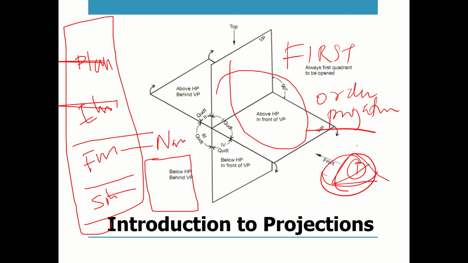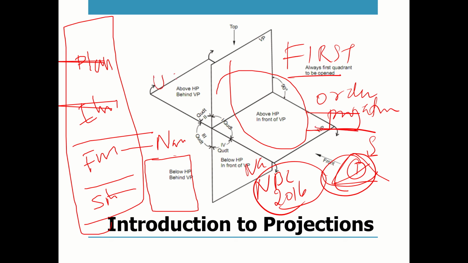Any drawings made, at least per Indian standards, as per National Building Code 2016, are supposed to be made in the first order projections only. For example, in the US, they use second order projection. Let's not go into that. Just remember that we will be making drawings based on first order projections.